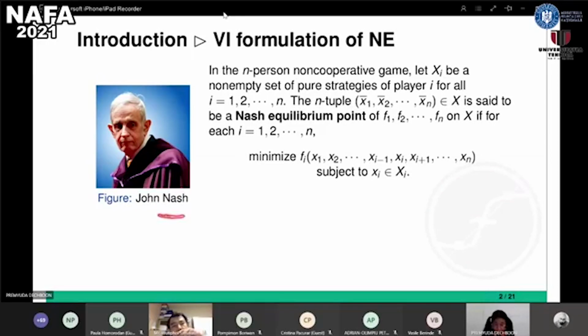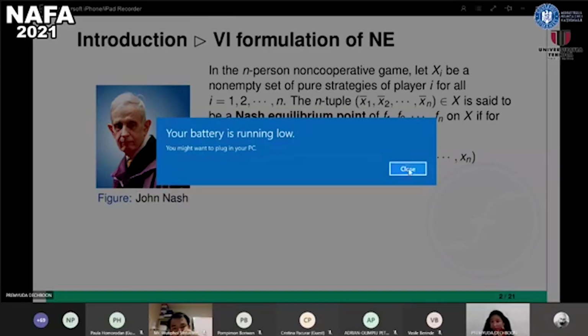That is, John Nash gave us the definition of the Nash equilibrium point.